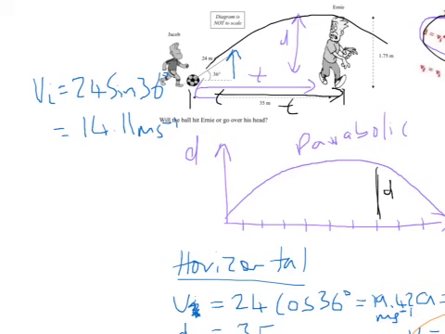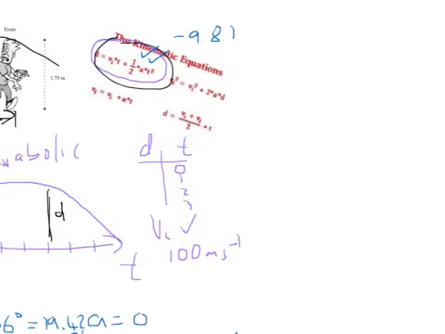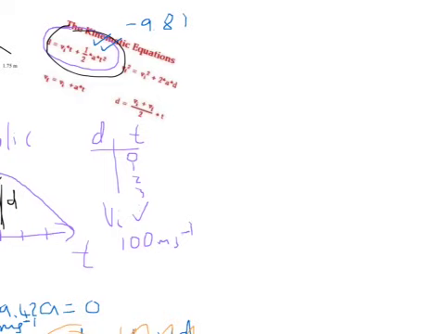So now we have all of the information, we can substitute that into the equation and find out what distance we get at that height. So let's go ahead and do that.